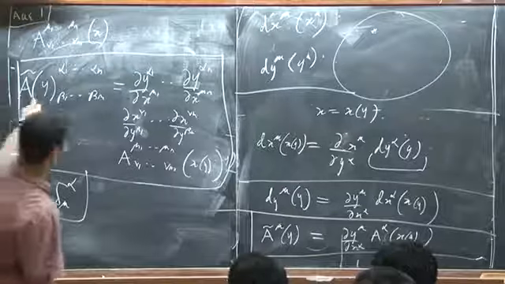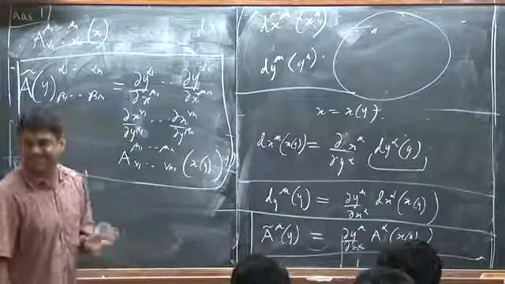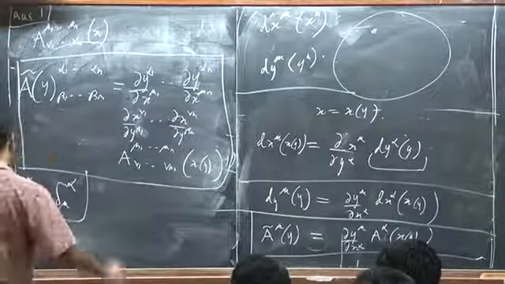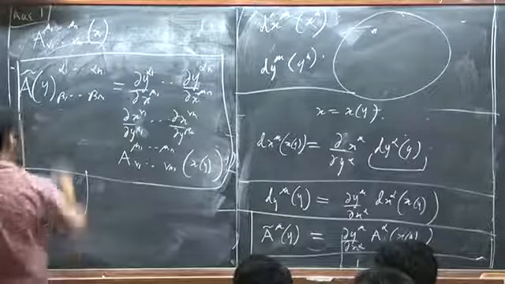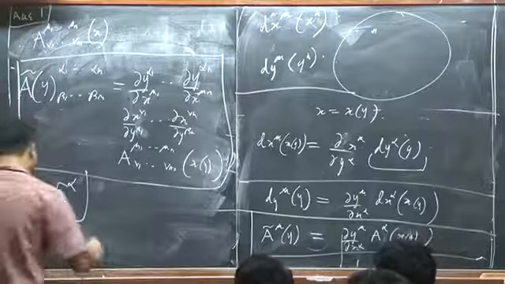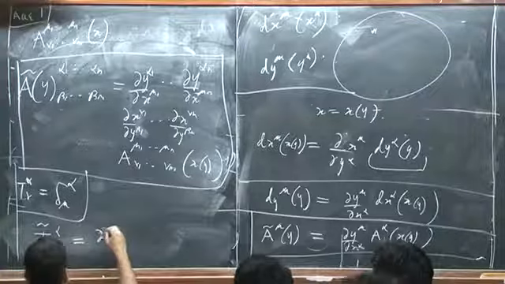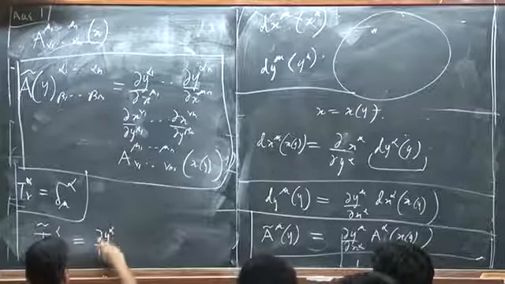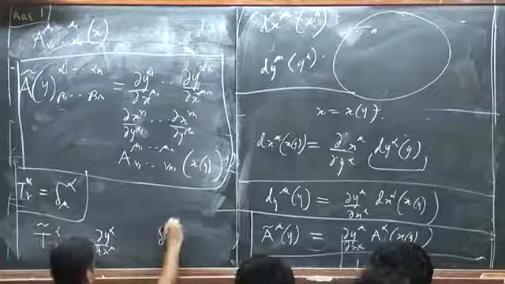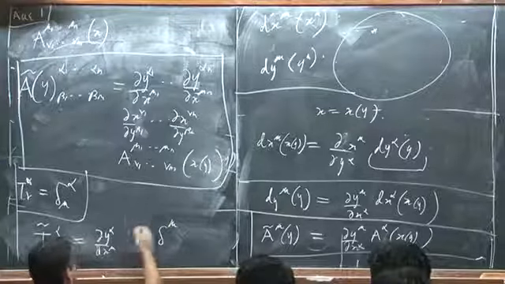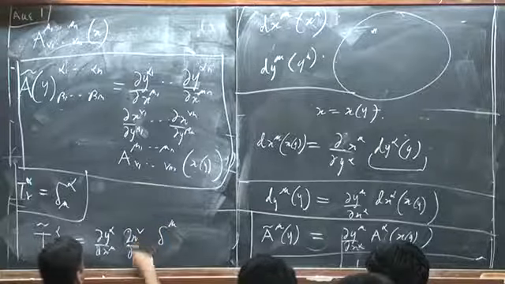Now, part of this transformation law is trivial because the x of y business is trivial, since it's not a function of x. So we just have to worry about this part. So what we get, T tilde alpha beta, is equal to del y alpha by del x mu, delta mu nu, del x nu by del y beta.